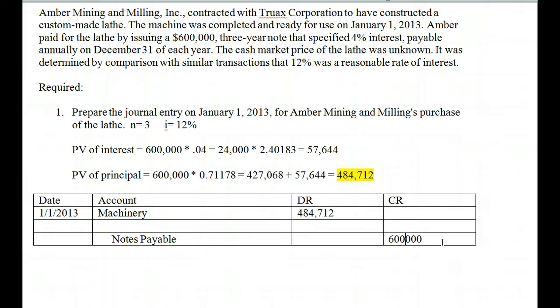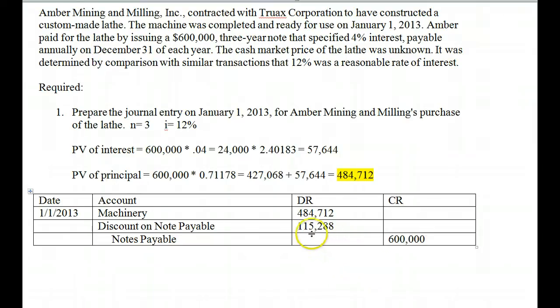So that's going to go in as a note payable at the full $600,000 mark. Now, where does the difference go? Well, in this case, we call that a discount on our note payable. So embedded in there is a little bit of discount, and that's 115,288.